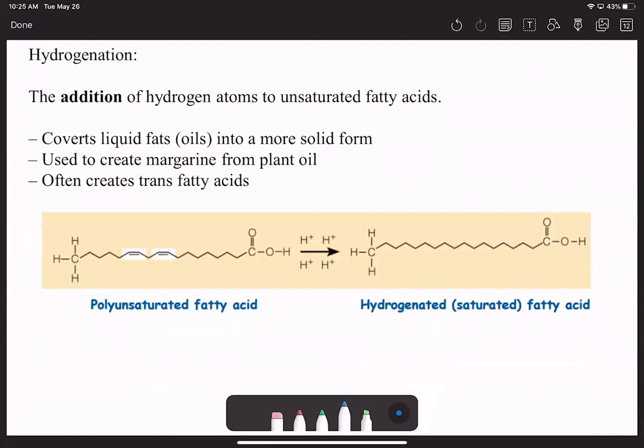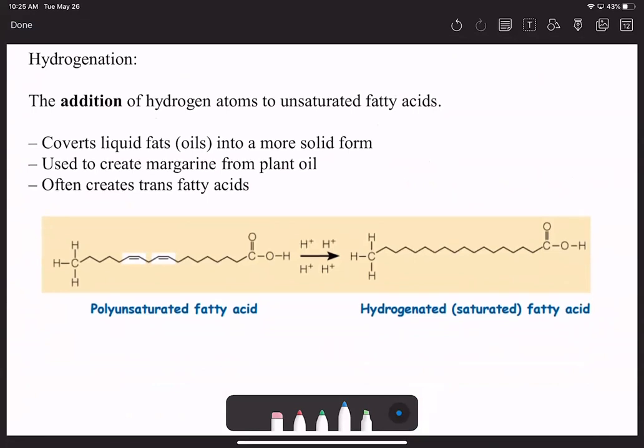Polyunsaturated and monounsaturated fatty acids can undergo hydrogenation, right? So we can turn them into saturated fatty acids. And however many double bonds they have is how many moles of hydrogen it's going to require.